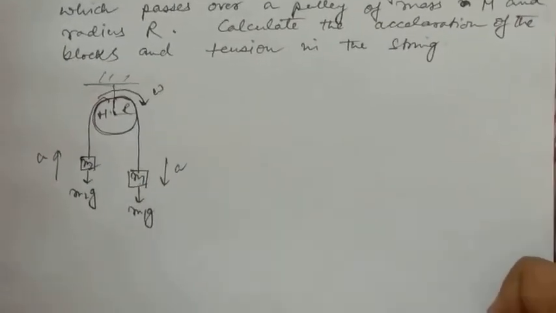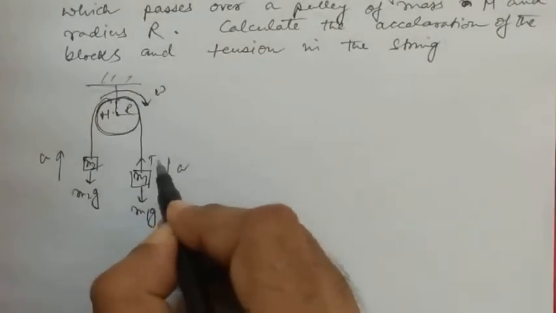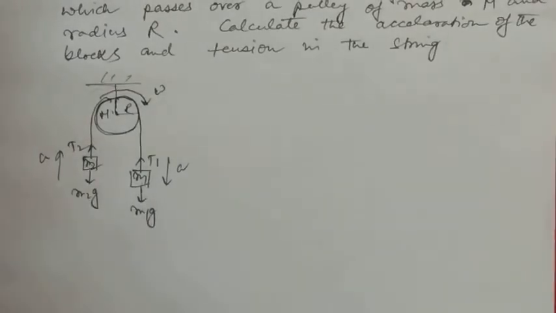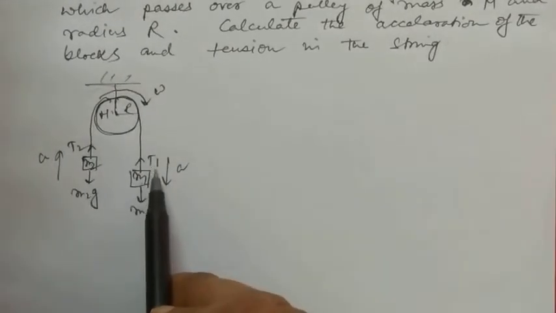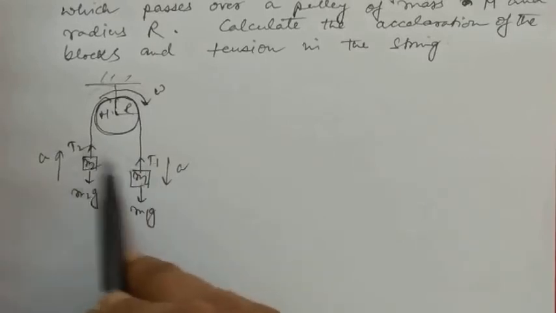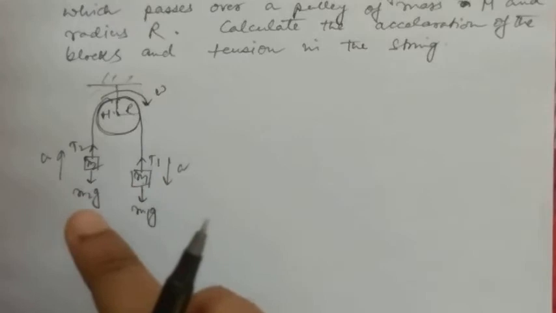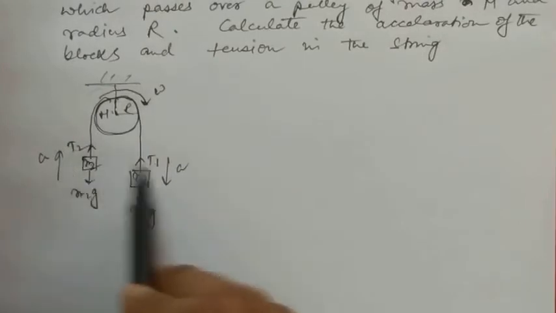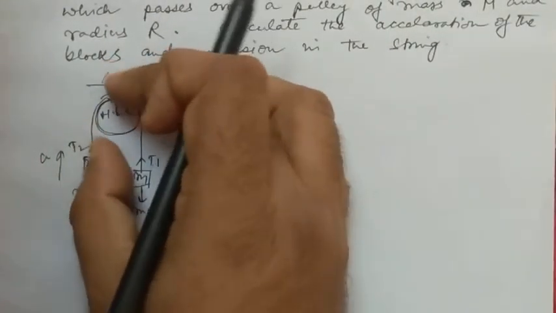Now we have to write the equations from the free body diagram. So tension T1, tension T2. You can see that the tension is not the same in the two strings, as we had in the chapter of Newton's laws. Here the tension is not the same because the pulley has a mass and a rotational inertia.